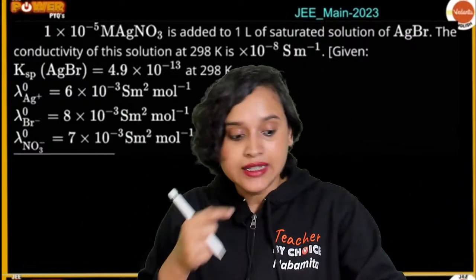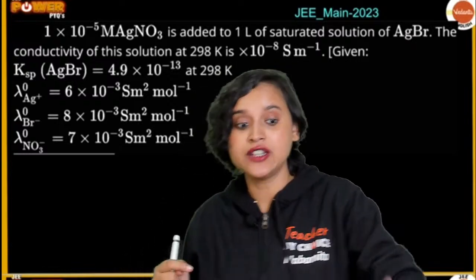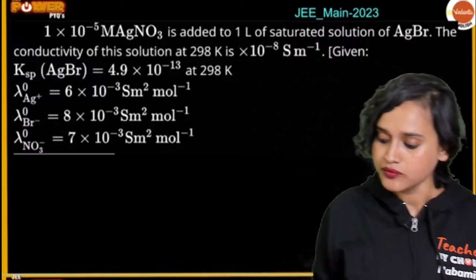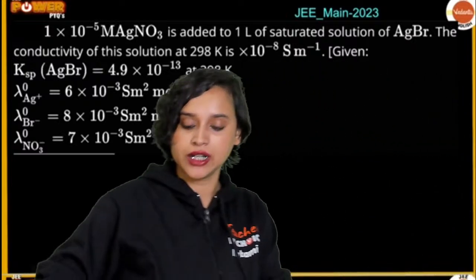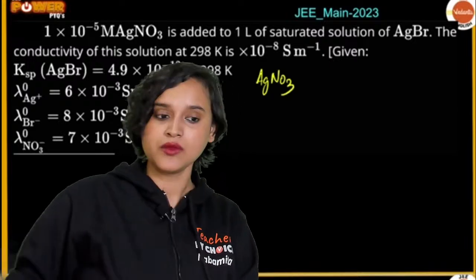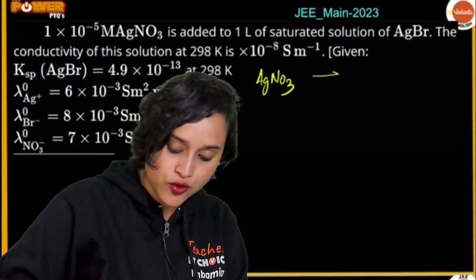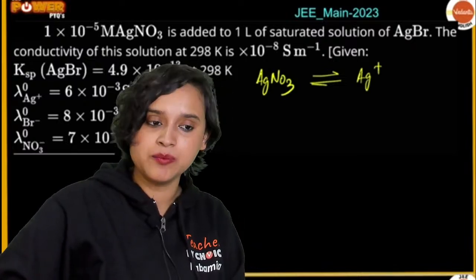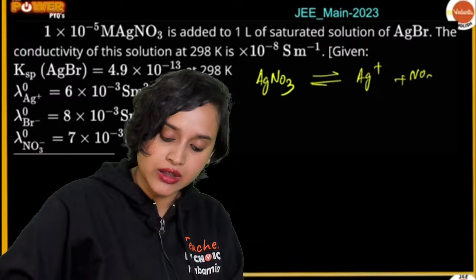This will take us a little longer, everybody, so please pay attention and have a little patience. First and foremost, what do we know? If we take AgNO3, how will it dissociate? It will dissociate as Ag plus and NO3 minus.